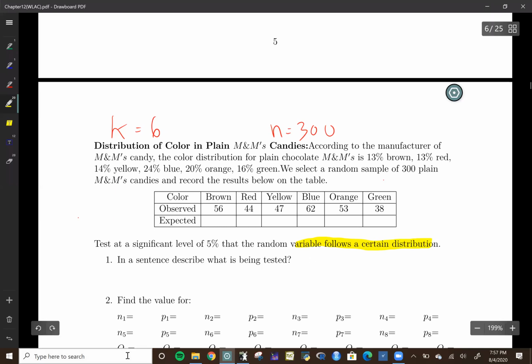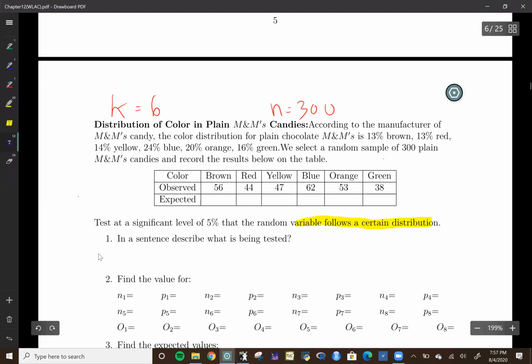So in number 1, where it says in a sentence describe what is being tested, we'll say we are testing if the sample follows the distribution that the manufacturer gave us.